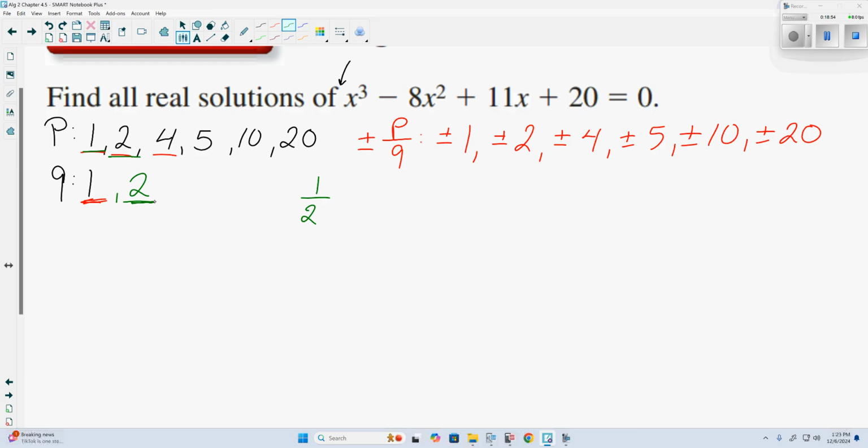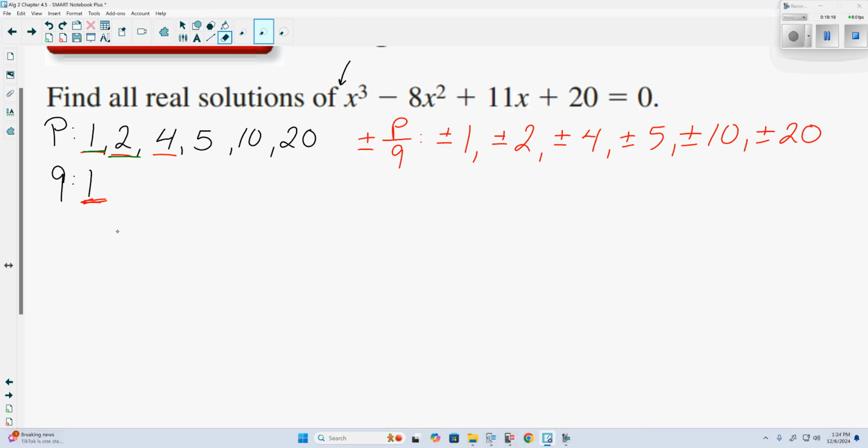Is it listed? If it's listed, we don't repeat it. Then I move on to 4 divided by 2, 5 divided by 2, 10 divided by 2, 20 divided by 2. And then we would just keep going with each factor of Q. Okay? Does that make sense how we found the P over Q?